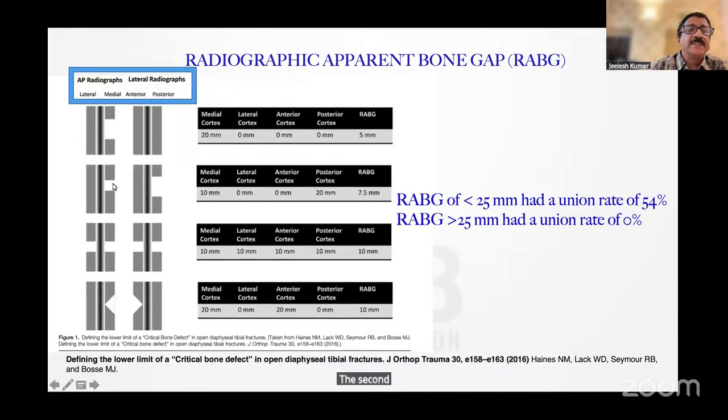In the second scenario, you can see the medial cortex and the posterior cortex, 10 mm and 20 mm. So 30 mm divided by 4, that is 7.5 mm, is the RABG. If RABG is less than 25, the union rate is 50%. And if RABG is more than 25, the union rate will be 0.